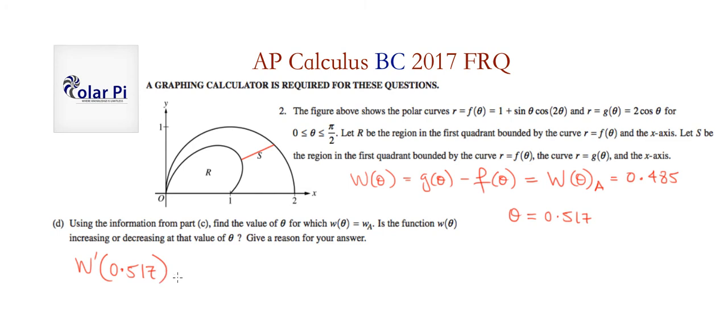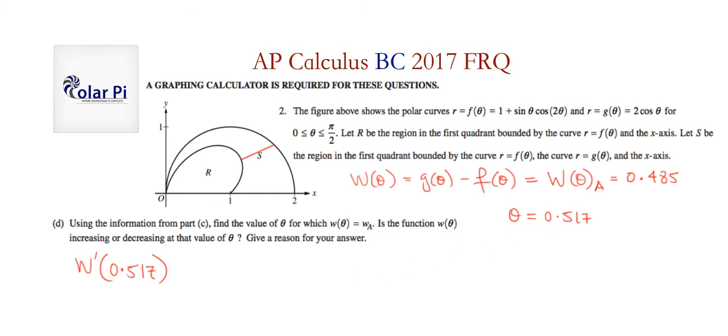And again, we have to be in radian mode because this is a radian value of theta. Since we're trying to figure out if w of theta is increasing or decreasing, we should look at the derivative for this theta value. If the derivative is positive, we know that w of theta is increasing at this theta value, and if it's negative, we say that it's decreasing at this theta value.